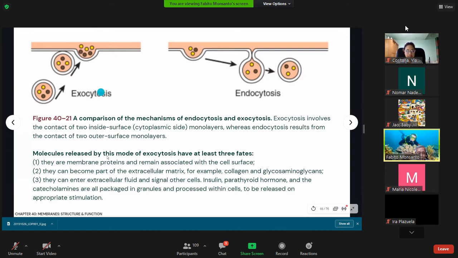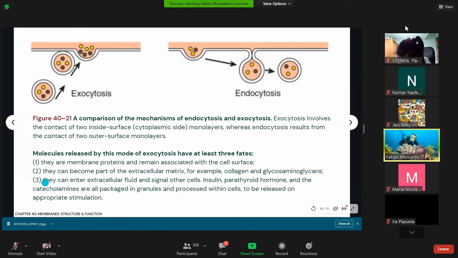Molecules released by the cell surface can become part of the extracellular matrix, for example, collagen and glycosaminoglycans.